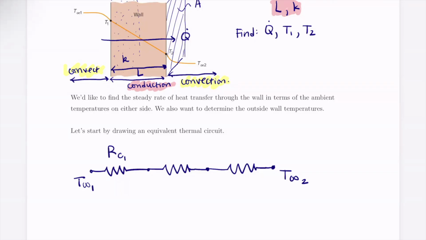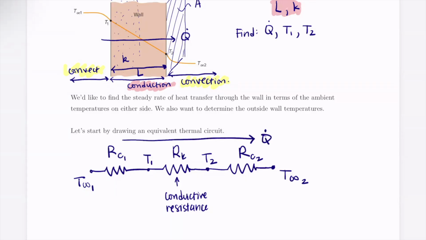As we move through the air, we get to the left surface of our wall, T1. As we pass through the wall, we hit conductive resistance. At the other side of the wall, we're at T2. Then we pass through air again, so we have another convective resistance, RC2, before we get to our ambient temperature on the far side. In general, we have Q dot going this way.